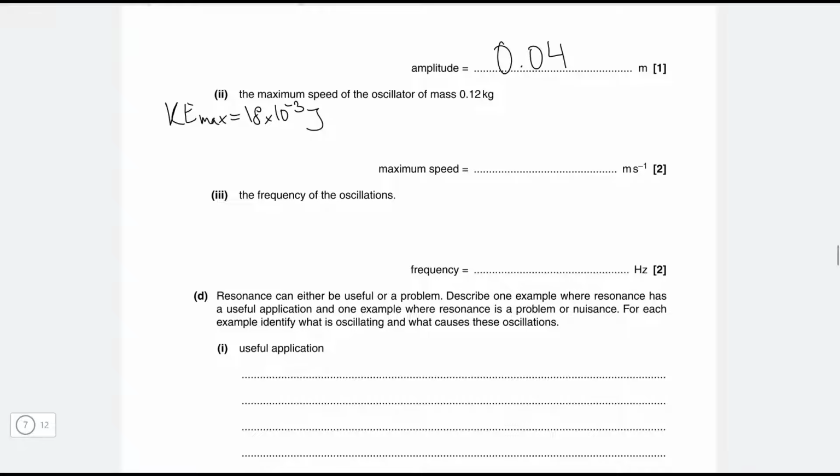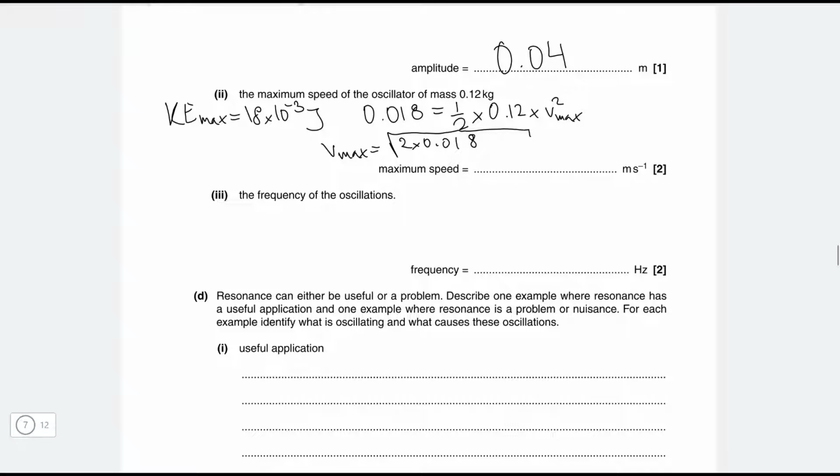So what we're going to write is 0.018 is equal to a half times the mass, which is 0.12 times v squared, which means that the maximum speed, let's call it Vmax, will be equal to the square root of 2 times 0.018.